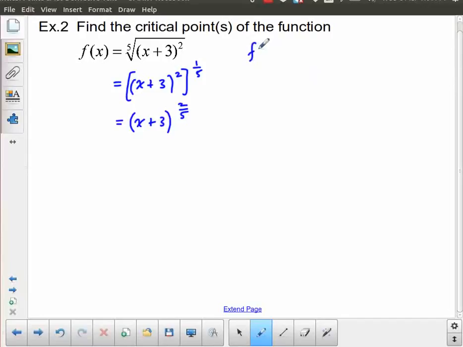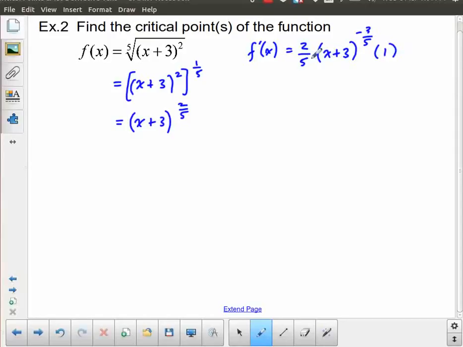So f prime of x is going to be equal to, and I'm going to use the chain rule here. So my exponent of 2/5 comes down out front, x plus 3, and then I subtract 1 from my exponent, and that gives me negative 3/5. And this is a chain rule, so I do have to take the derivative of what's inside the bracket here, but it turns out the derivative of x plus 3 on its own is just 1.